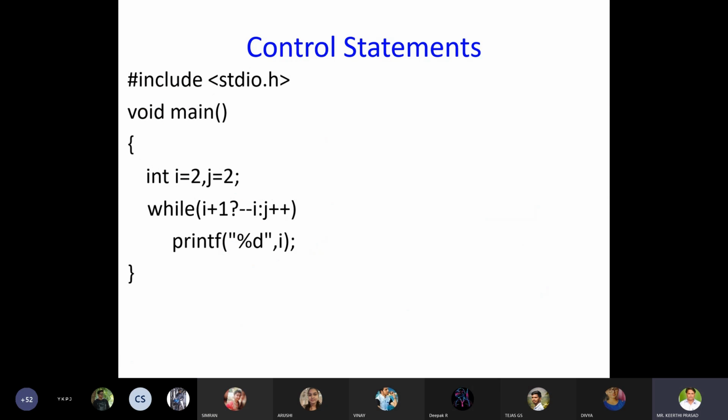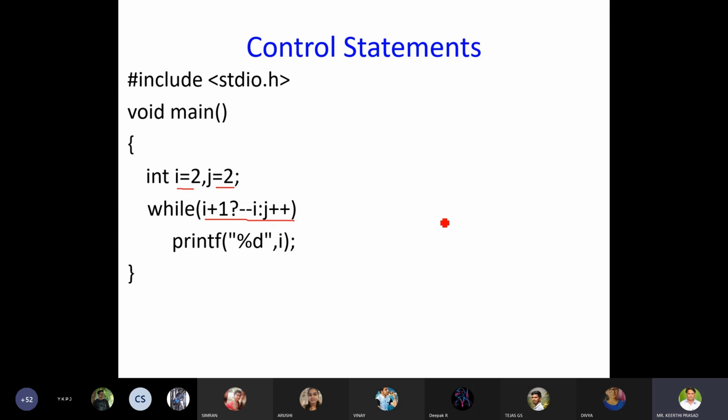Okay, last question for the day. Tell me what result you are expecting from this while loop. The initial value of i is 2, j is 2. I and j are both true. We have pre-decrement, post-increment, and addition.